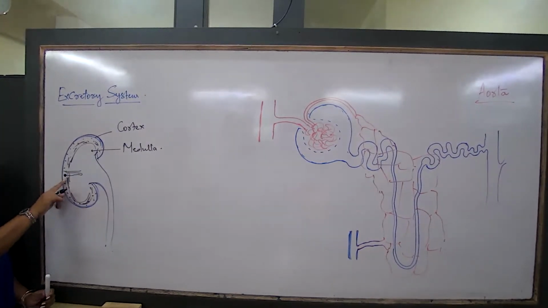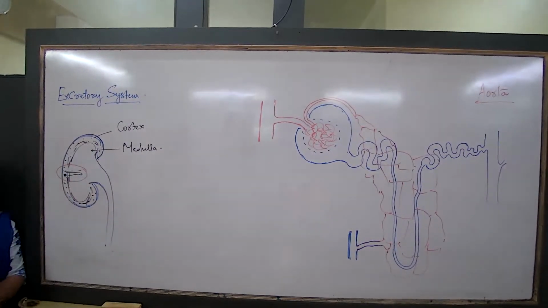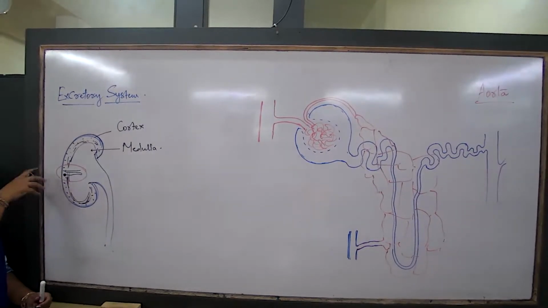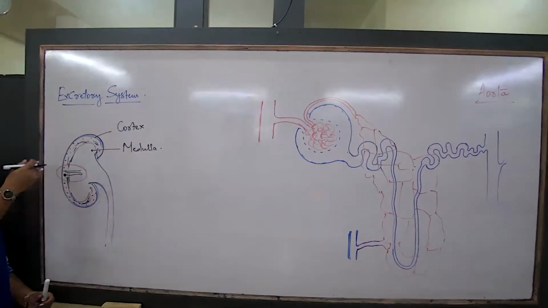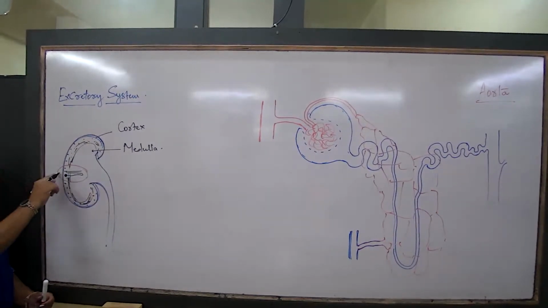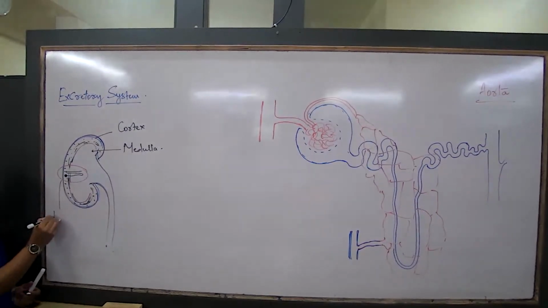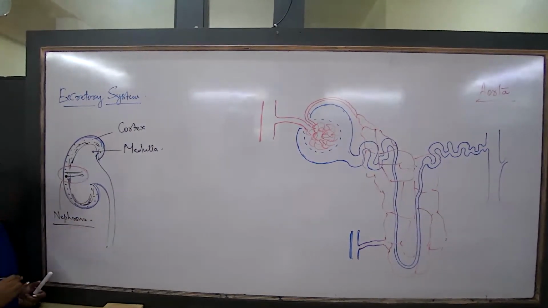There are some structures here all over the kidney, and in millions they are. So what are these structures? Those that start from a globular head-like structure, become a long tubular structure till the medulla and again come back to the cortex. This entire long tubular structure is known as the nephron.